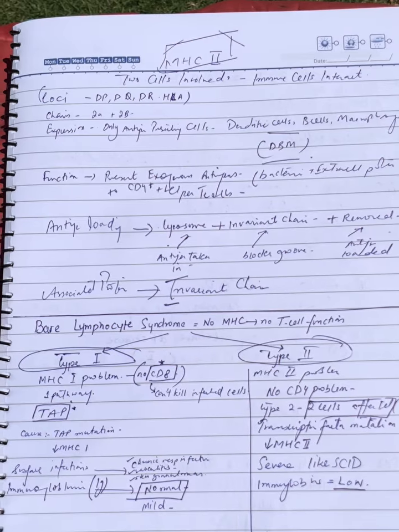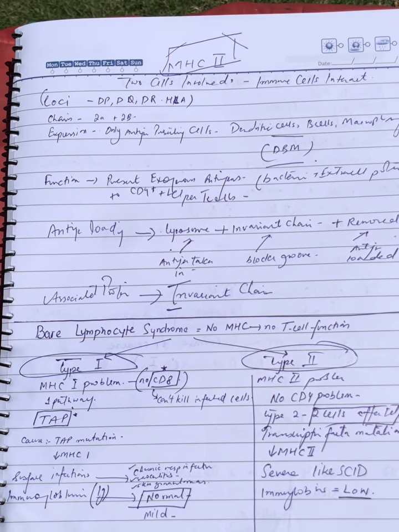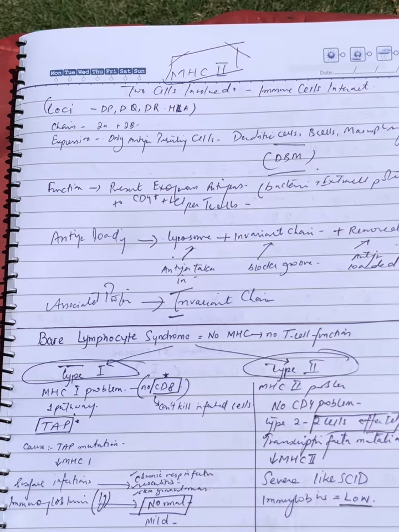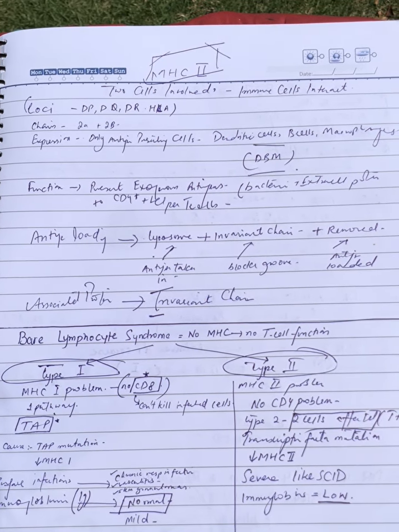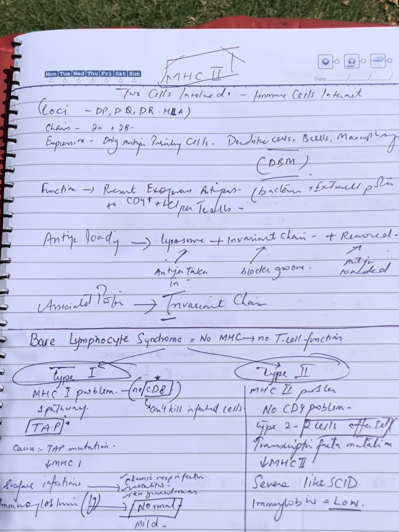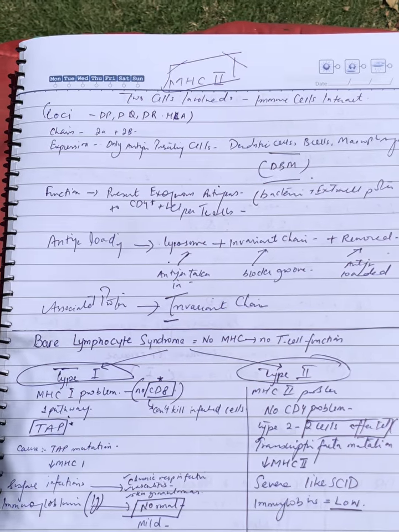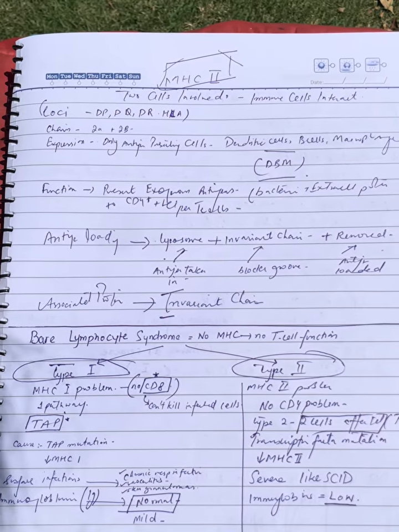There is one condition that we call bare lymphocyte syndrome, in which there is no MHC and no T cell function. There are two types, type 1 and type 2. Type 1 is when there is a problem with MHC1, so CD8 is absent and it can't kill infected cells.